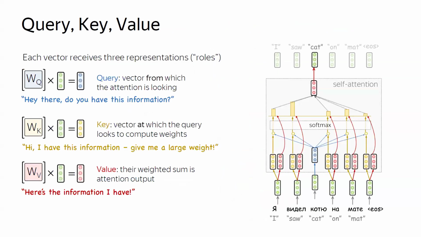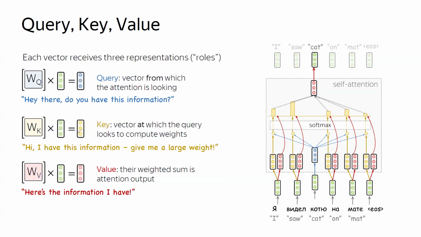This illustration is better. As you remember, at our input we have tokens, then tokens were passed through the embedding layer. So these green blocks represent embeddings of our tokens. But then we want to look at all other words, and we create three different embeddings for our input embedding.